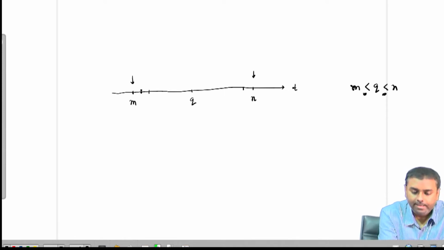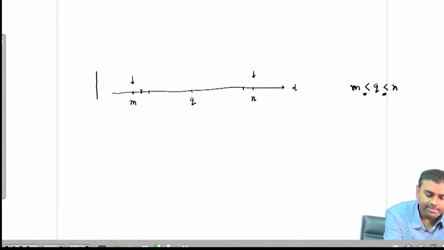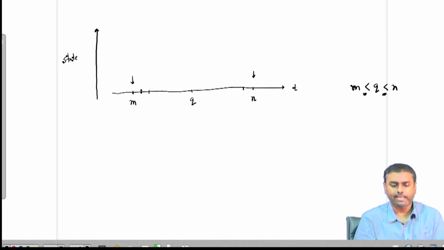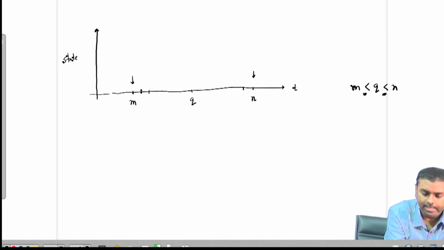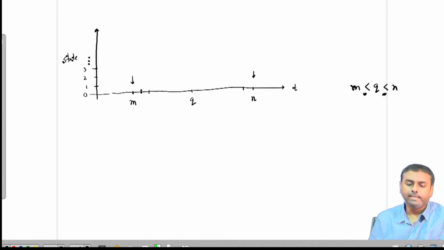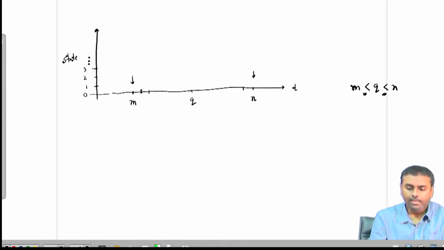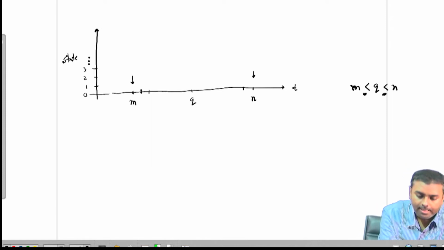What will happen? Now, this is the time. Of course, on the other axis you have the state. Let us say we have some countable state space, because we have already talked about discrete states. The states might start with 0, 1, 2, 3 and so on. Like in the hippie case, it only had 1, 2, 3 cities. Let us say I observe him in the present to be in the ith state.